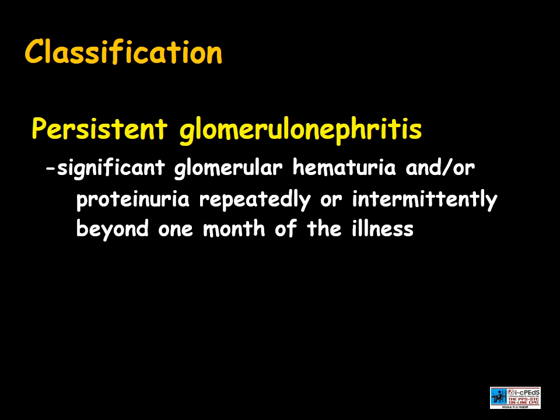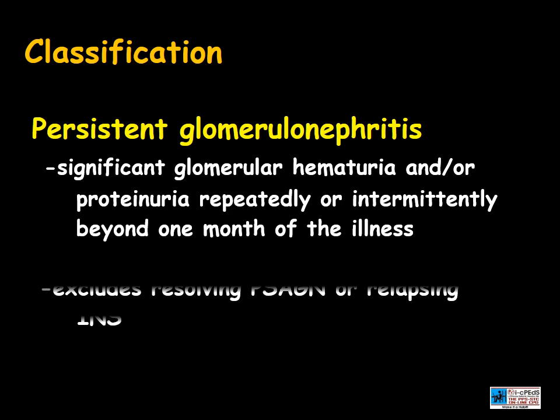Persistent glomerulonephritis, on the other hand, is significant glomerular hematuria and or proteinuria repeatedly or intermittently beyond 1 month of illness. In this condition, resolving PSAGN or relapsing idiopathic nephrotic syndrome should be excluded.